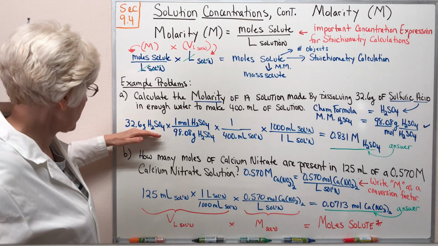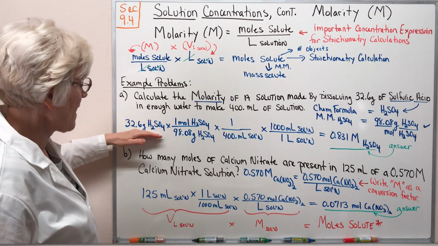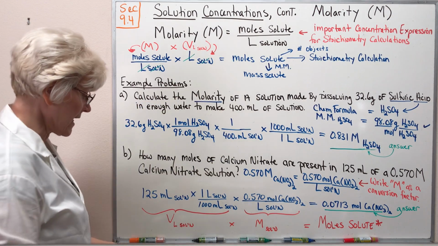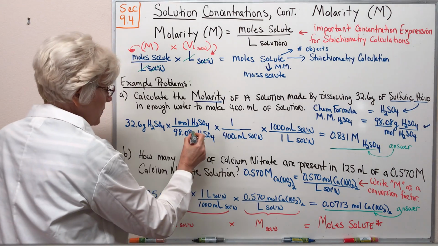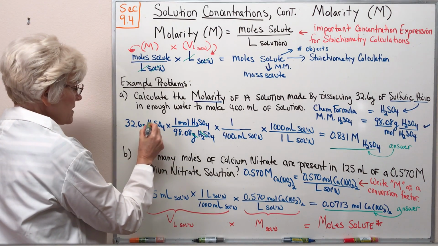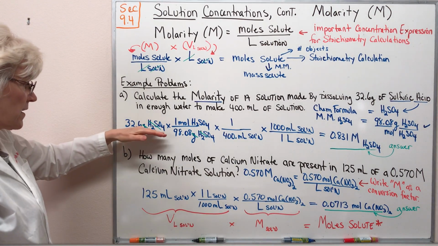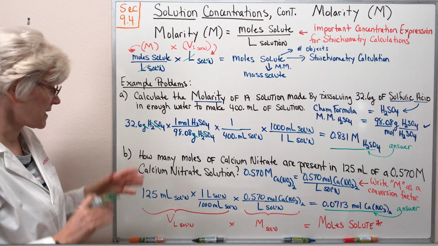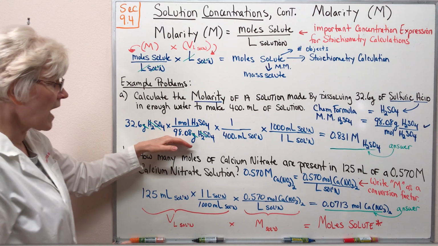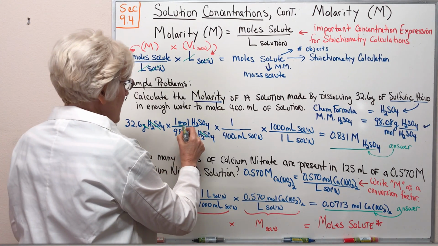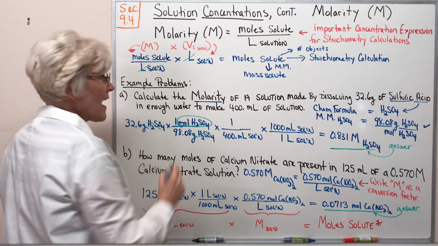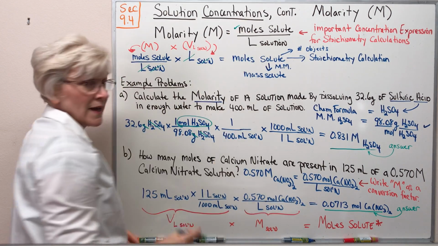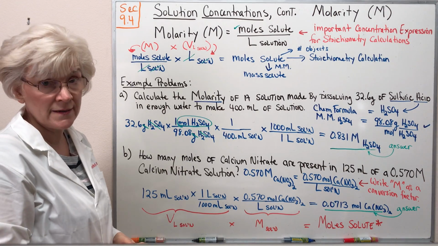So 32.6 grams of sulfuric acid, and notice how I'm using the molar mass in its inverted form so that grams of sulfuric acid are in the denominator and cancel with grams of sulfuric acid that are part of the 32.6 value. If I stop my answer right now, I have moles of sulfuric acid in the numerator, which is exactly what I need. I am halfway there.